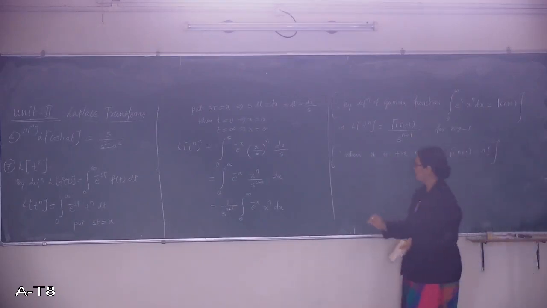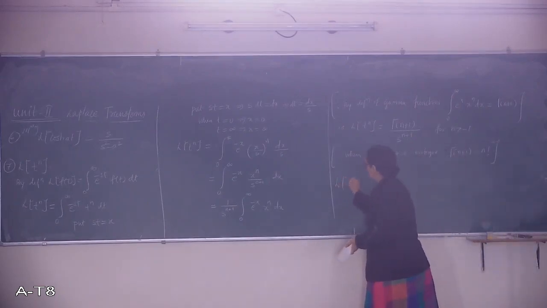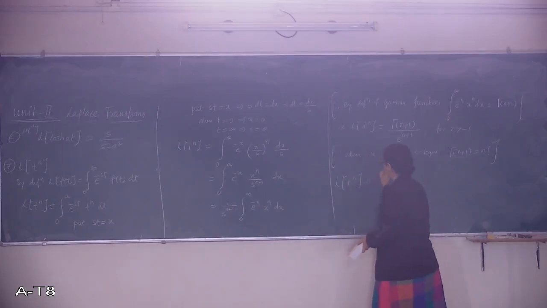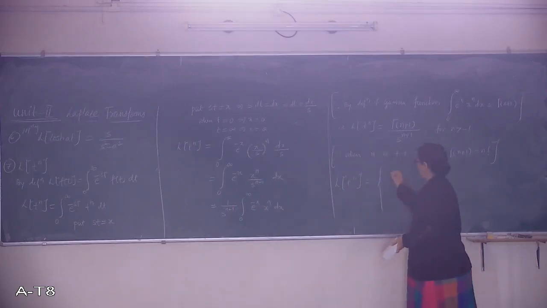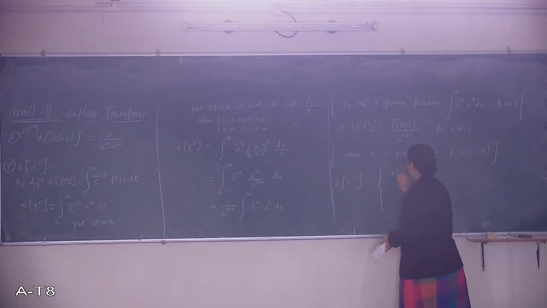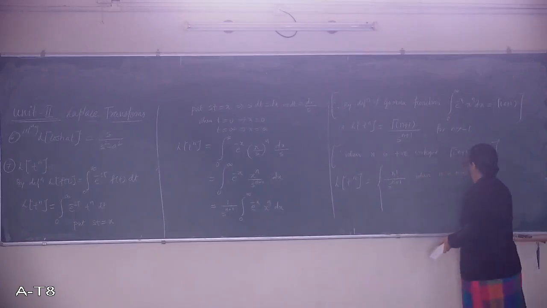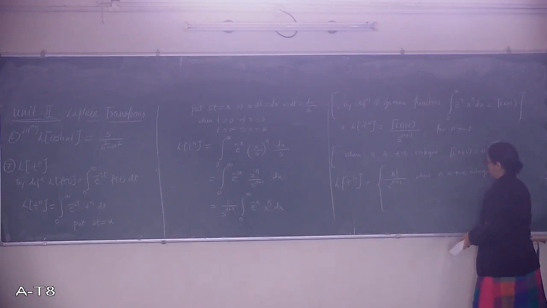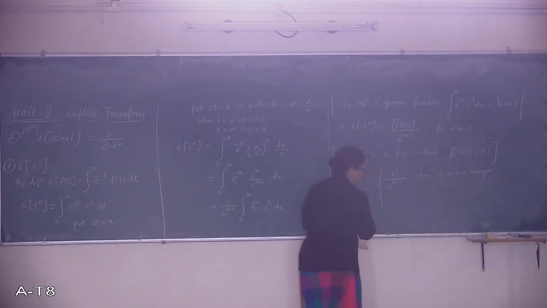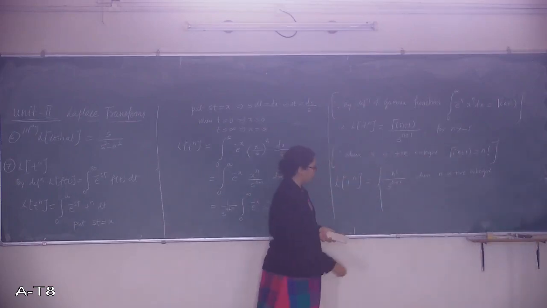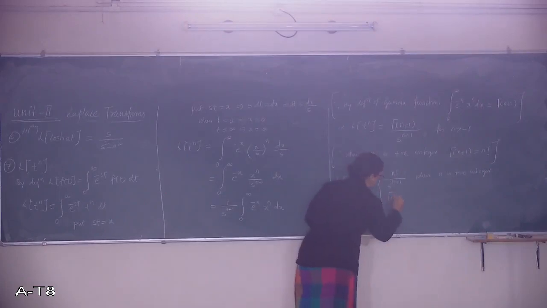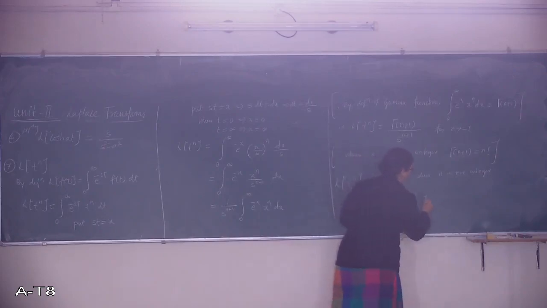So the same result: Laplace transform of t to the power n equals n factorial upon s to the power n plus 1 when n is a positive integer, and equals gamma of n plus 1 upon s to the power n plus 1 for n greater than minus 1.